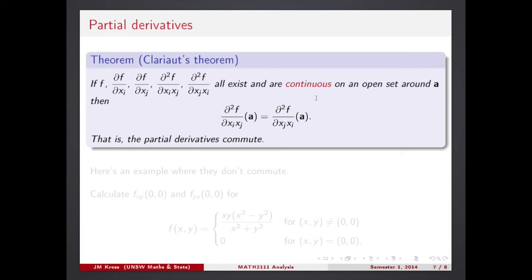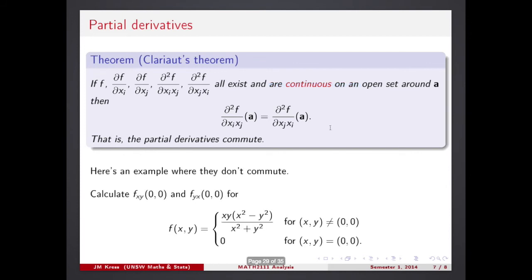Strictly speaking, from the mathematical point of view, we need to see an example where they are not identical in order to convince everyone that the conditions listed in this Clairaut theorem are essential, so you can't just say all the time they are identical.